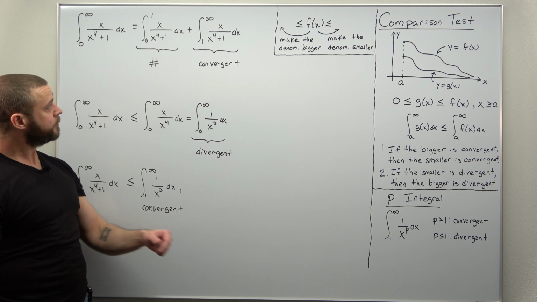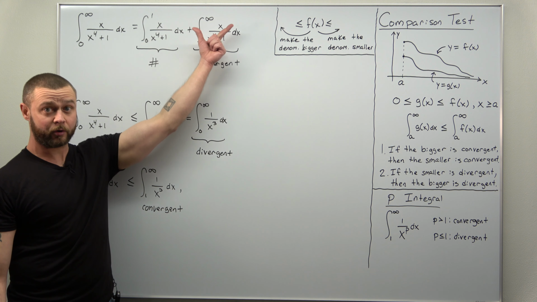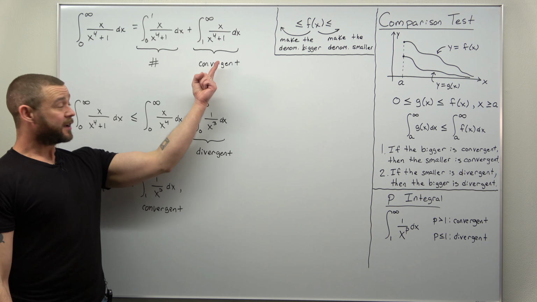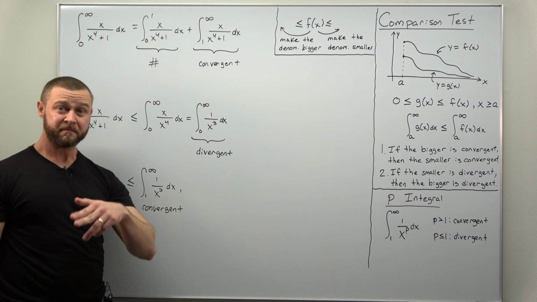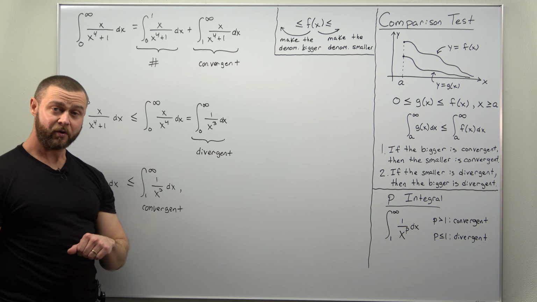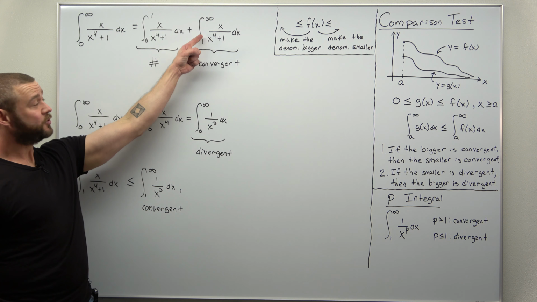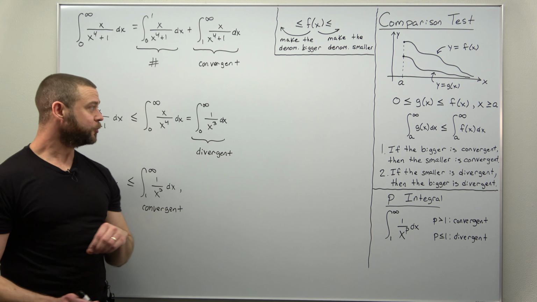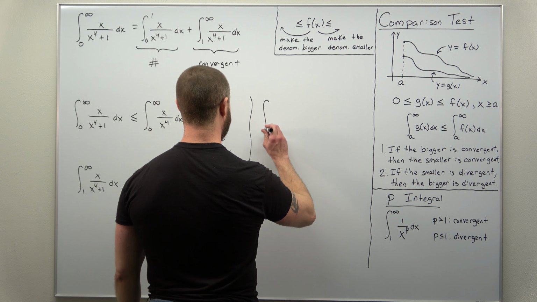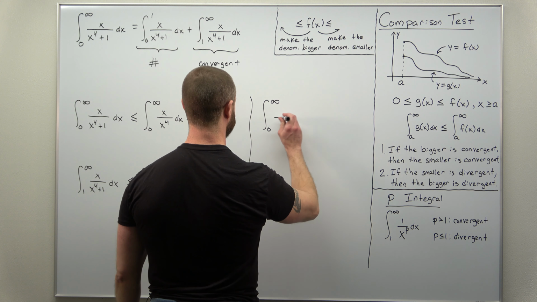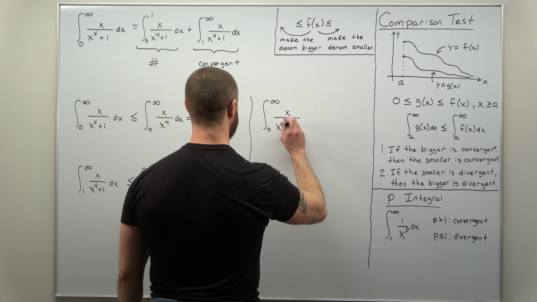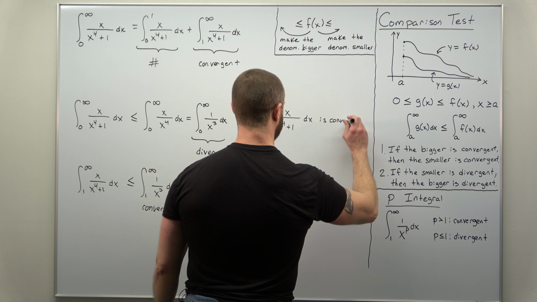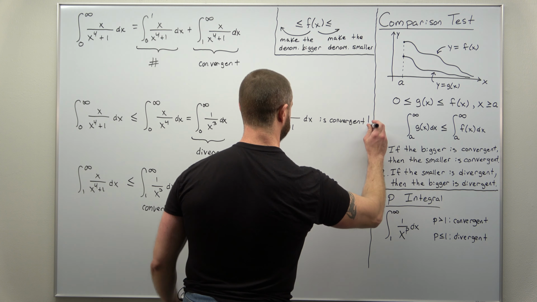So how we finish this problem: the comparison test works on this integral from 1 to infinity. The previous integral from 0 to 1 is just a number. A convergent improper integral plus a number is convergent. So by using the comparison test on a slightly different integral, by splitting it apart, we reach the conclusion that our improper integral from 0 to infinity of x divided by x to the 4th plus 1 is convergent.